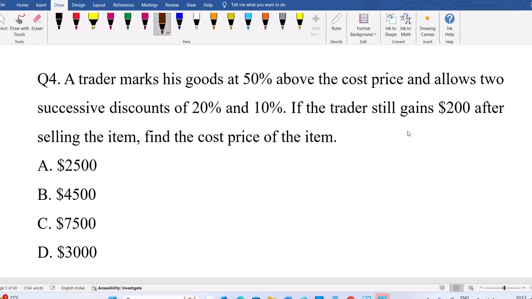If the trader still gains $200 after selling the item, find the cost price of the item. You solve this question.